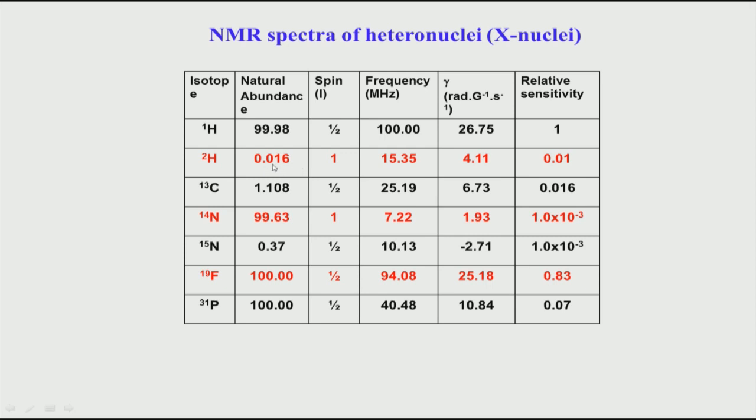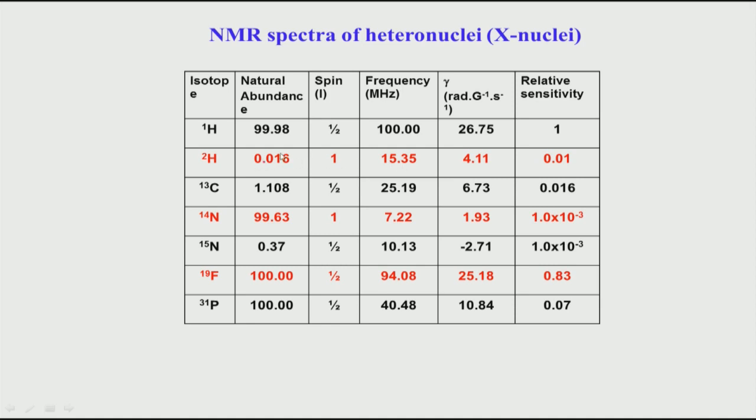The natural abundance is only 0.016%, and the gyromagnetic ratio is 6.5 times less. So, the frequency will be 15 megahertz. The relative sensitivity is based on these two factors.